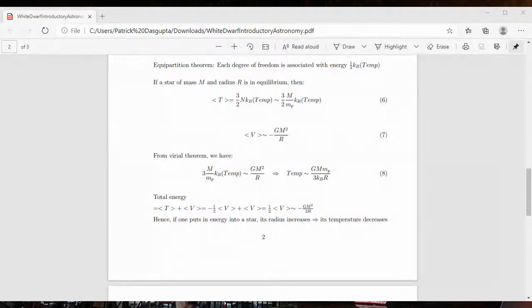You're right that if you have a system in which there is repulsive gravity, then the gravitational potential energy will be positive.